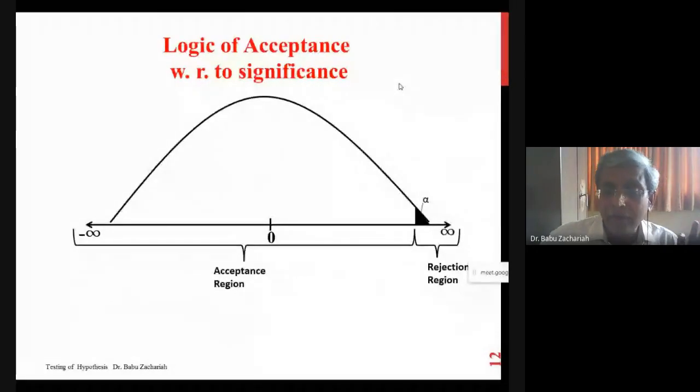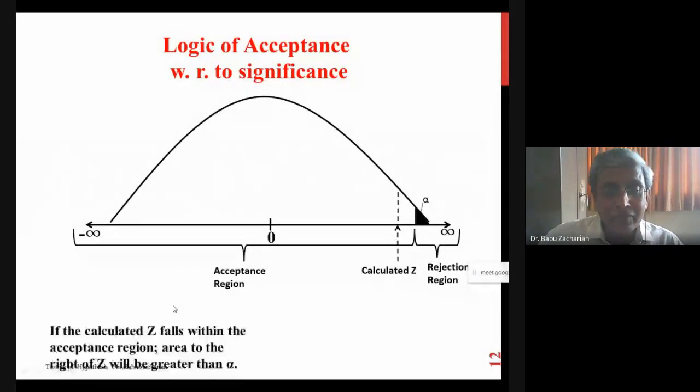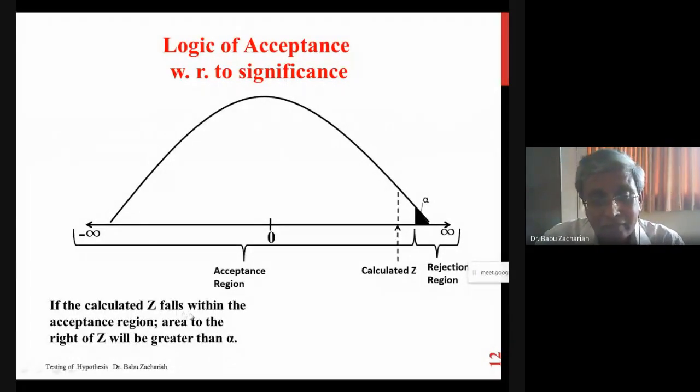Suppose I have calculated a Z and it falls here. If the calculated Z falls in the acceptance region, area to the right of Z will be greater than alpha. Can you see this? This is alpha. Z falls in the acceptance region. This area will be greater than alpha.